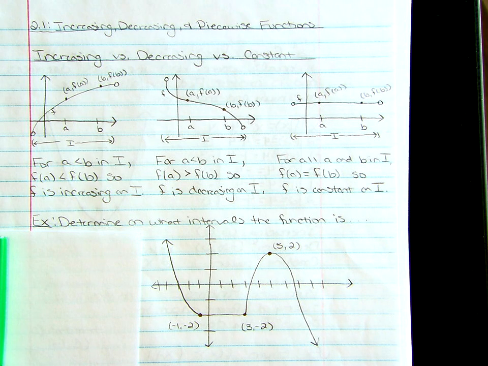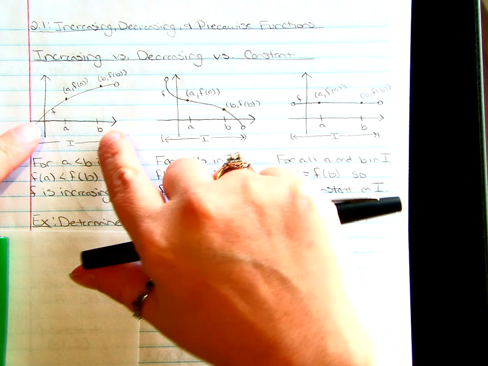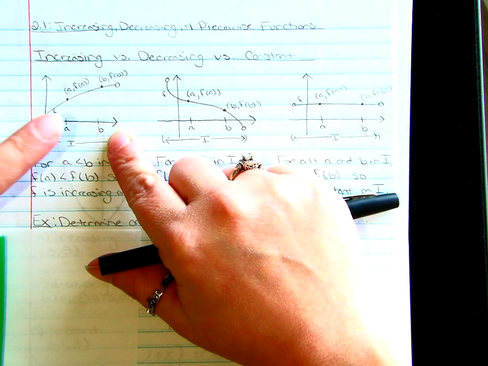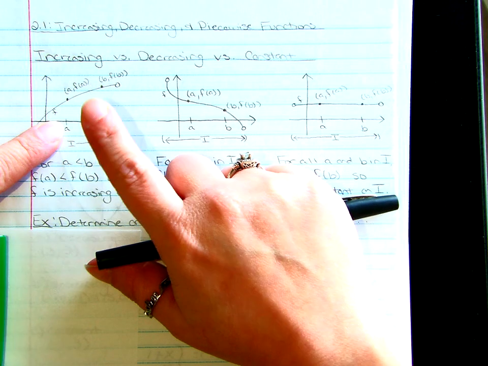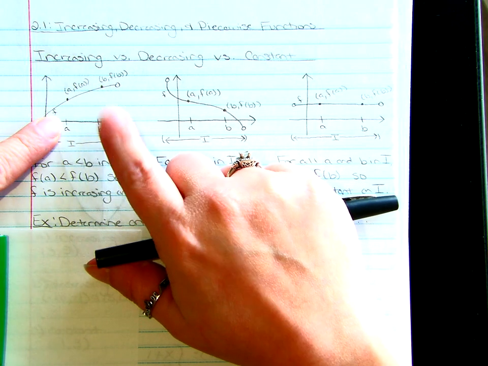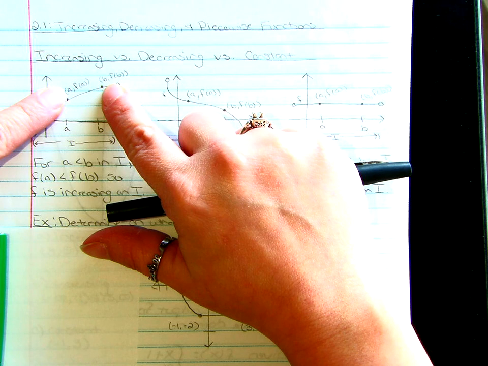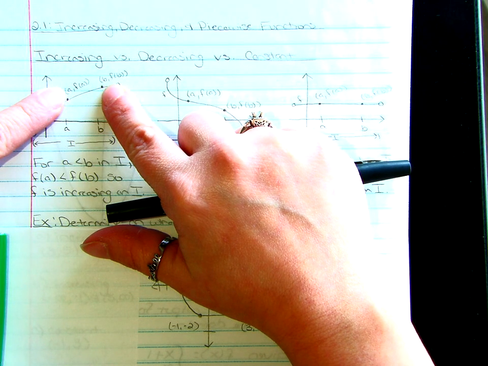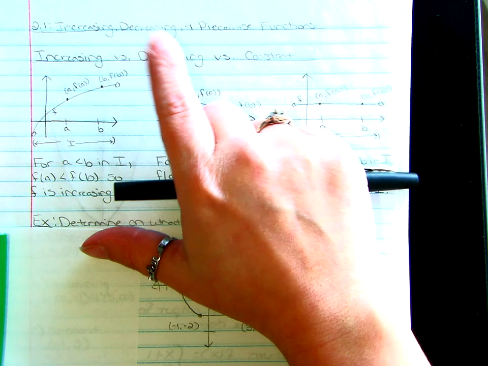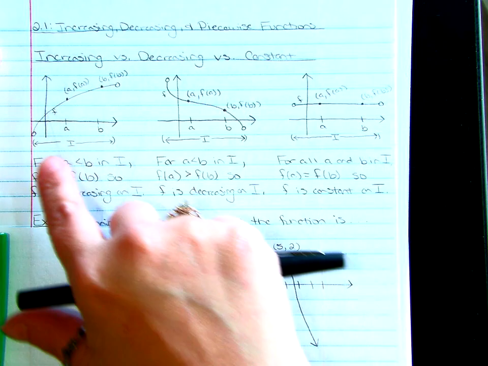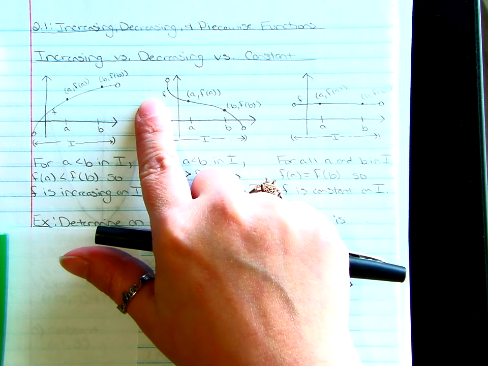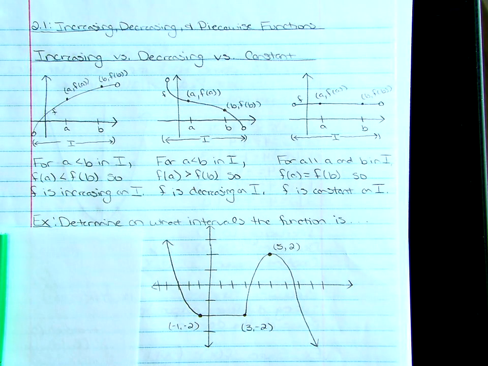So what it's saying is if you're looking on a given interval and the x value, like A, is less than B, and the y value for A is less than for B, for those points, then you're increasing. In layman's terms, if you look at a graph and you read it from left to right and it moves upward, then it's increasing. That's what all of that math says.